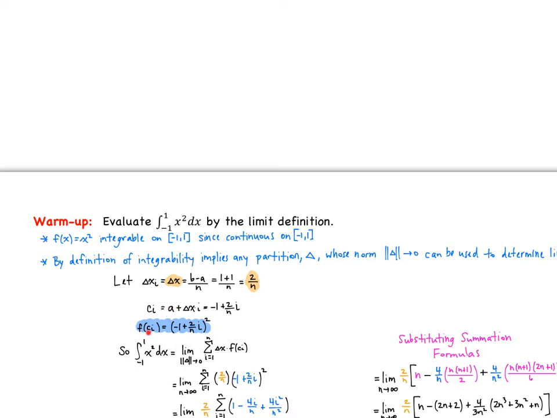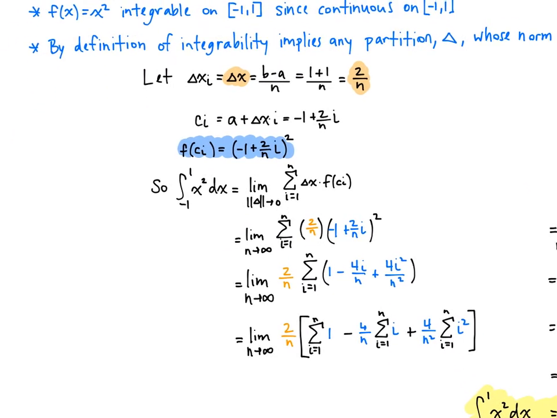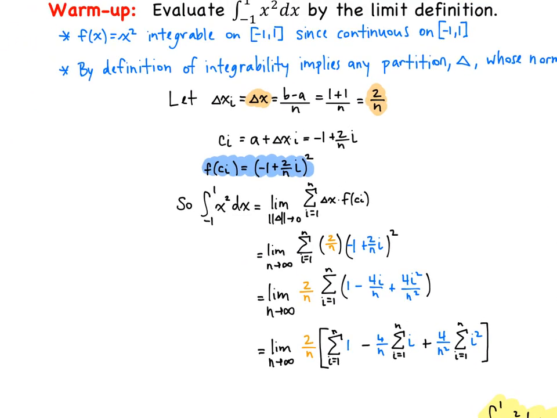Then we need to find f of ci, which is simply f of this guy right here, and that's going to be (-1 plus 2i over n) squared. So now we're going to set up using our limit definition.